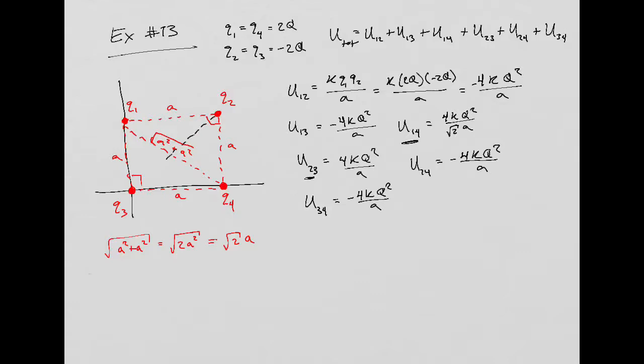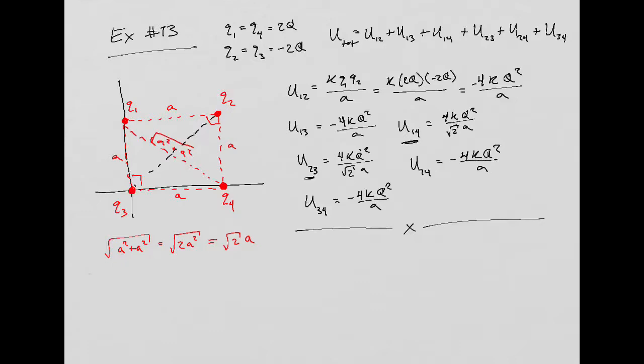Because those are separated by that hypotenuse. So let's also erase U23. And that one was also positive, 4kq squared all over root 2 times A. All right. Now we're all set. We're ready to add these together and simplify.